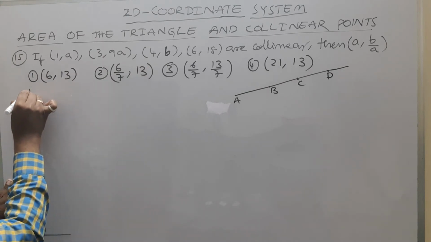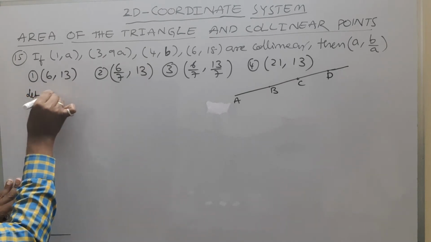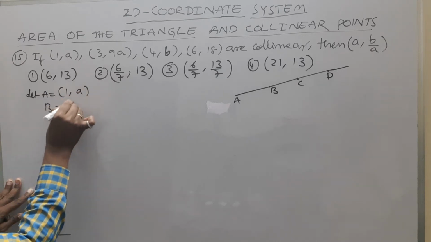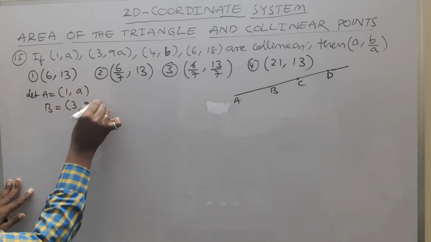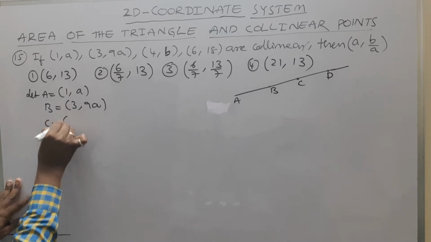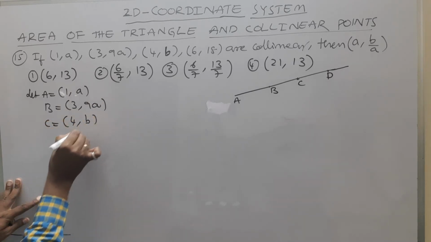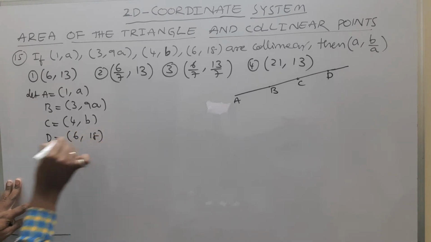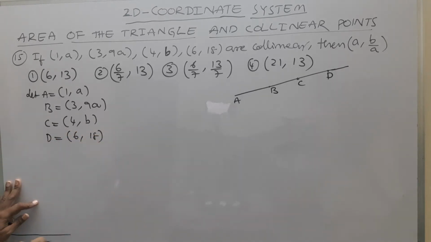Let A equal to (1, a), B equal to (3, 9a), C equal to (4, b), and D equal to (6, 18).